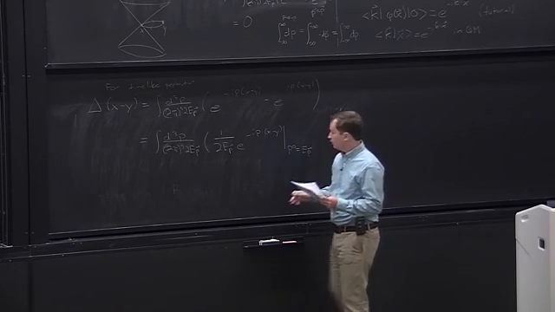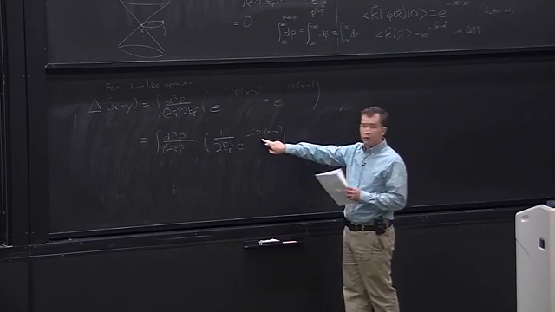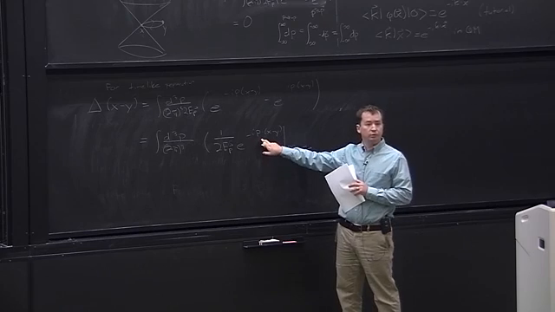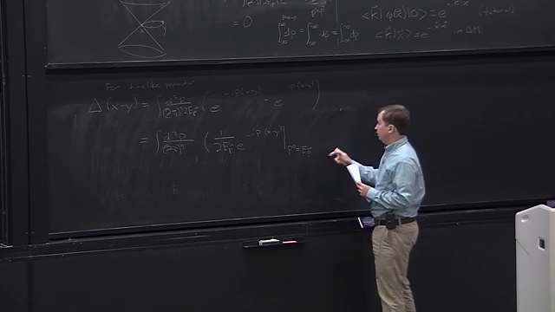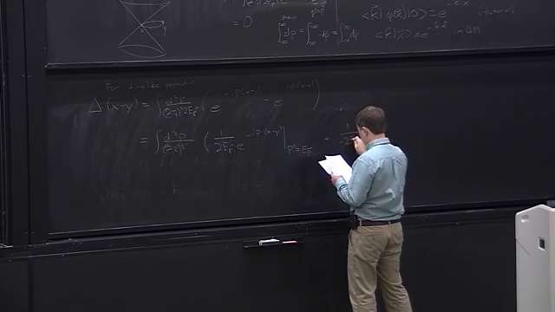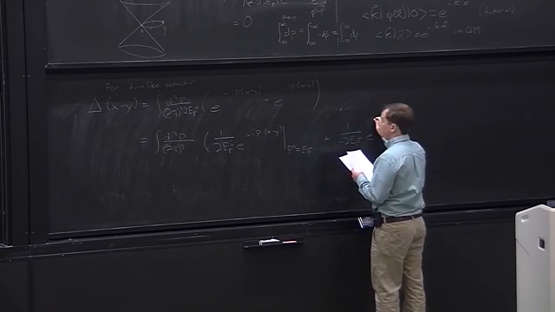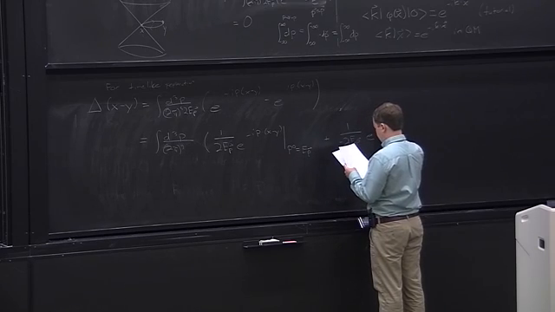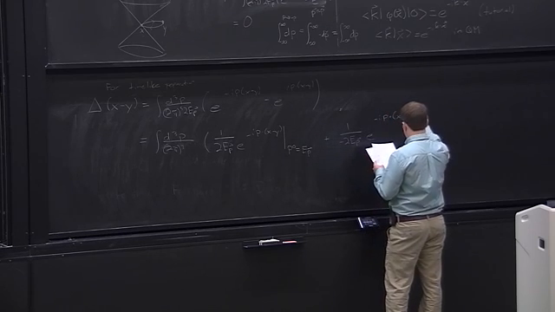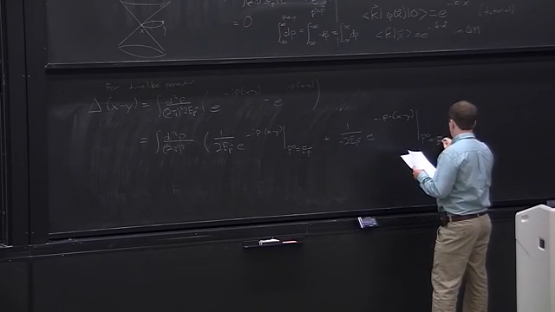Pull this out. I haven't done anything interesting here. We've always implicitly had the 0th component of p be equal to E_p, so nothing's happened here. For the other term, I can write this as 1 over minus 2 E_p e to the minus i p dot (x minus y), evaluated at p^0 equals minus E_p.